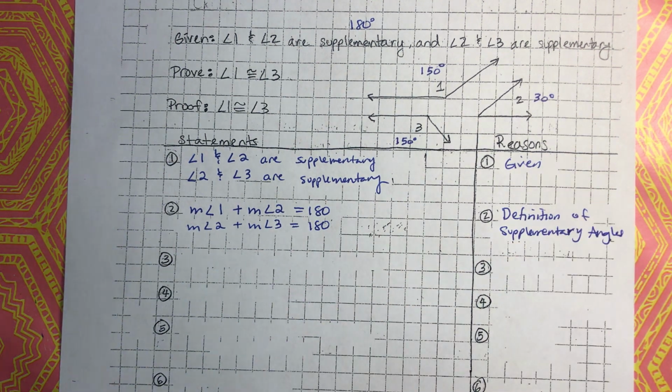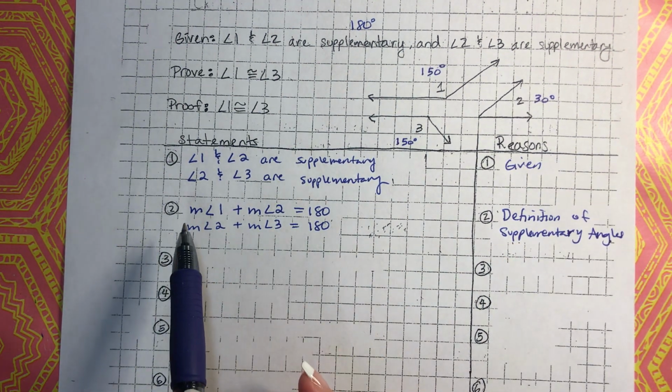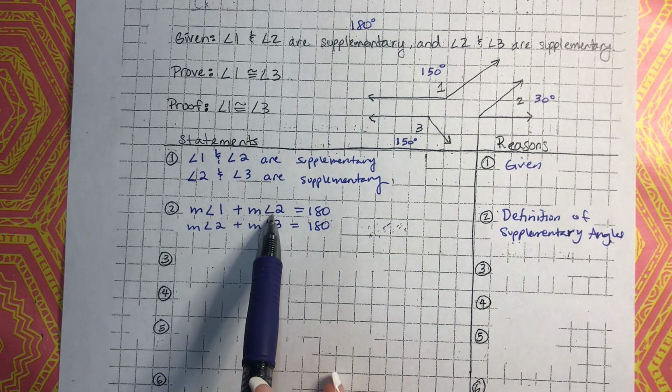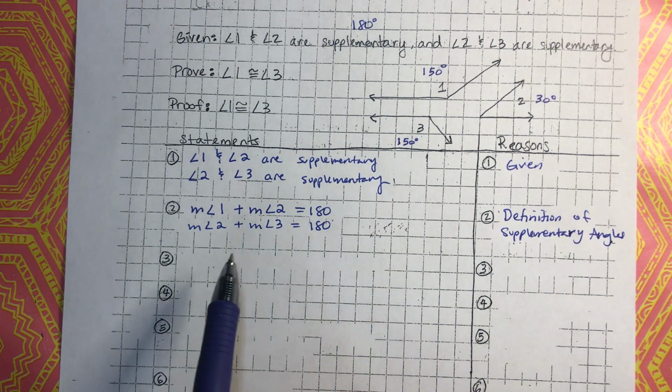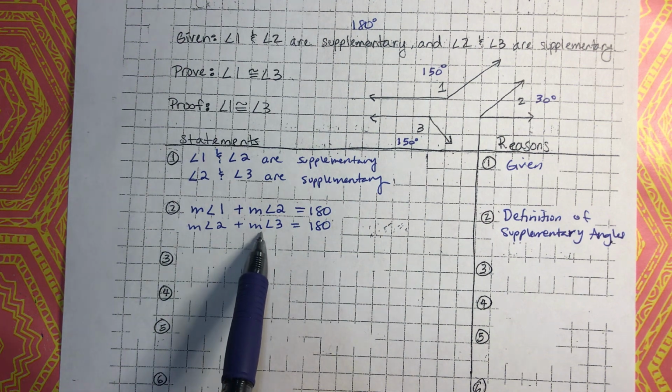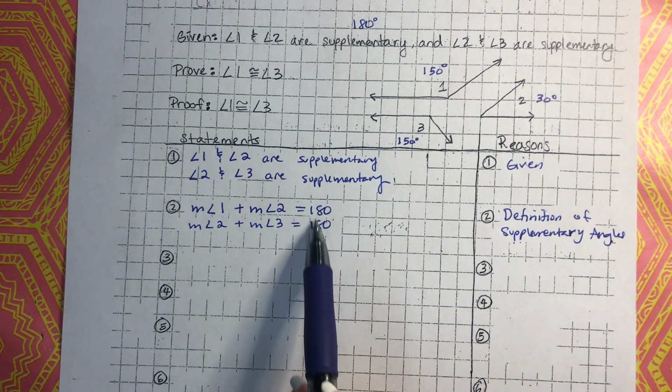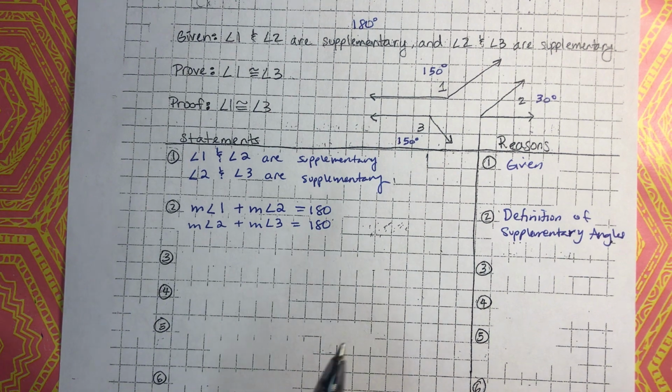Okay, so what I see here is that the measure of angle 1 plus the measure of angle 2 is equal to 180 degrees, and the measure of angle 2 plus the measure of angle 3 is equal to 180 degrees. So they are both equal to 180 degrees. They're equal to the same thing.